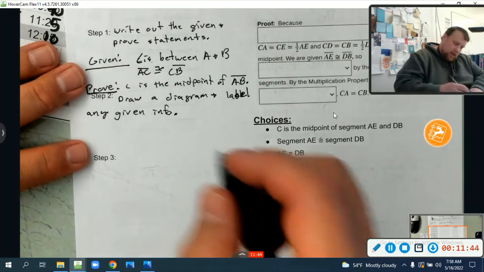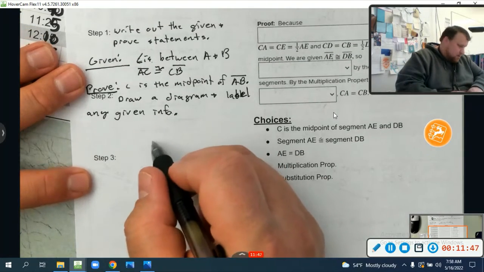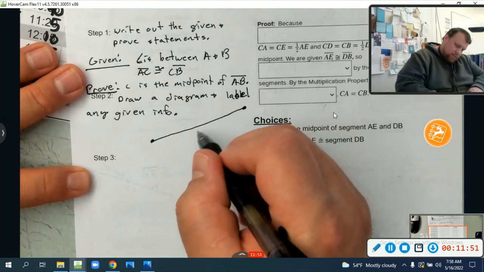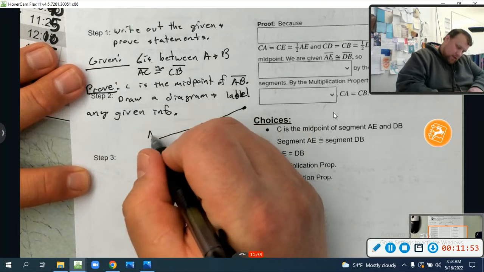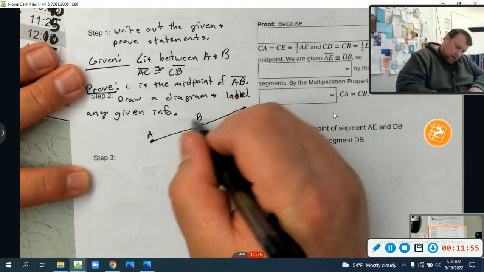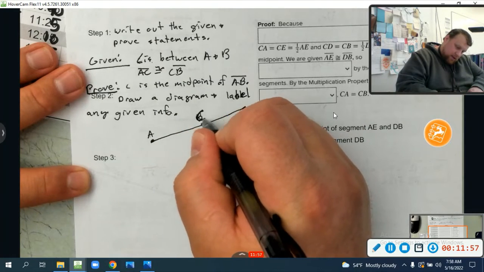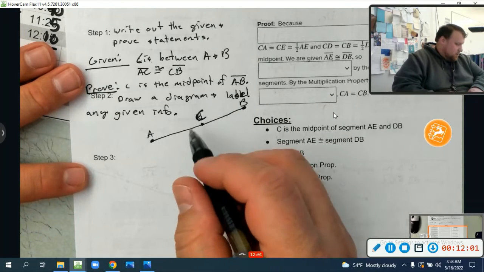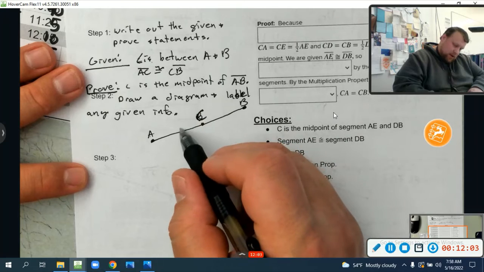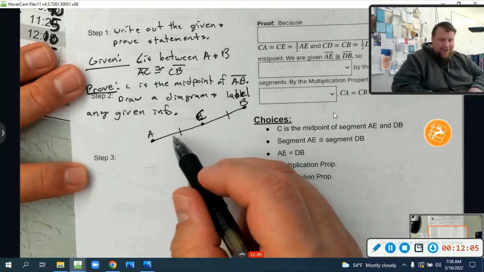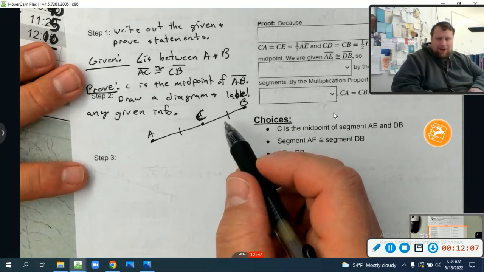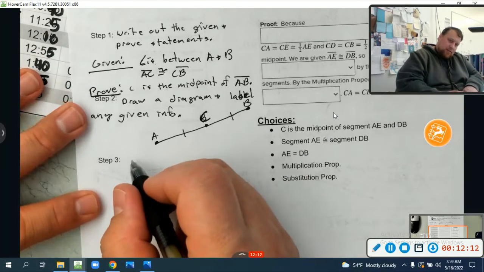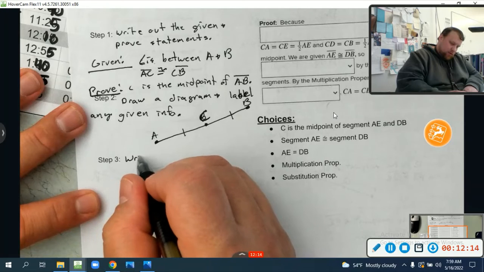C is between A and B. I'm going to draw this out, and since I'm trying to prove it's the midpoint, I'm going to draw it as the midpoint. A, C, and B. And what are we told also? AC is congruent to CB. We can see that this is clearly the midpoint from the drawing, but we still have to go through a proof to prove it. And then step three for a paragraph proof is write the proof.